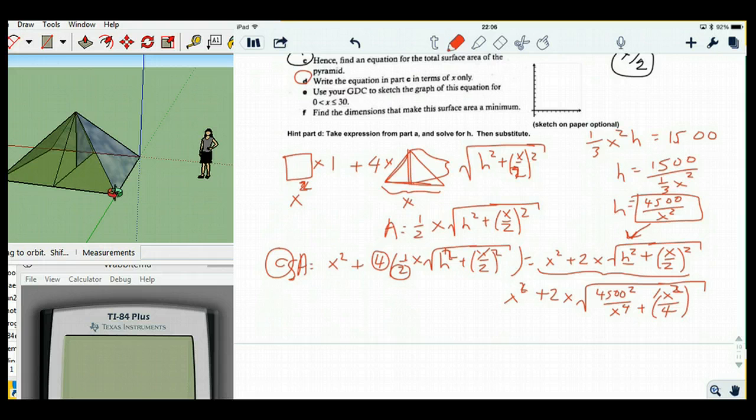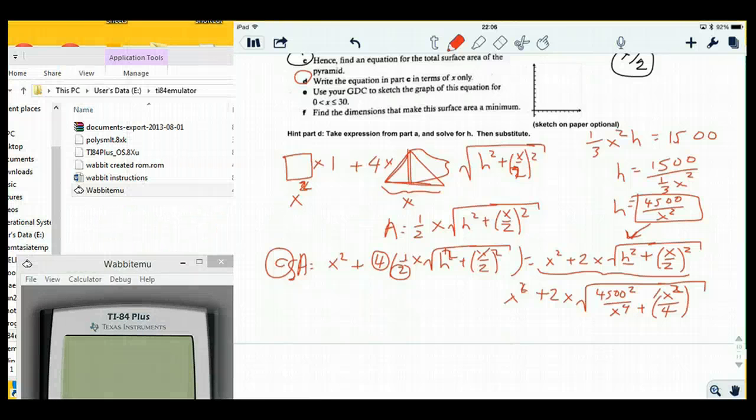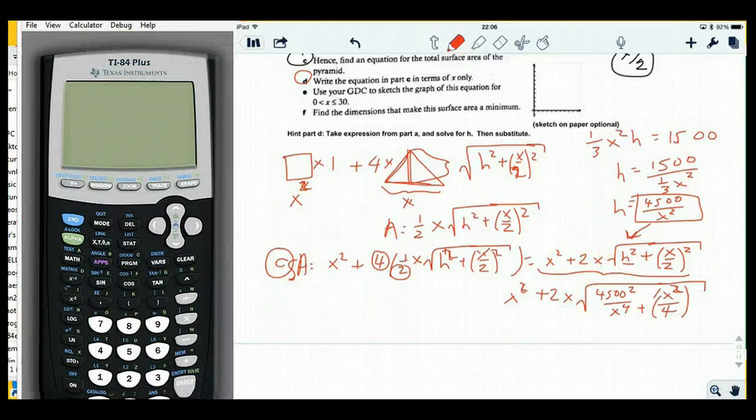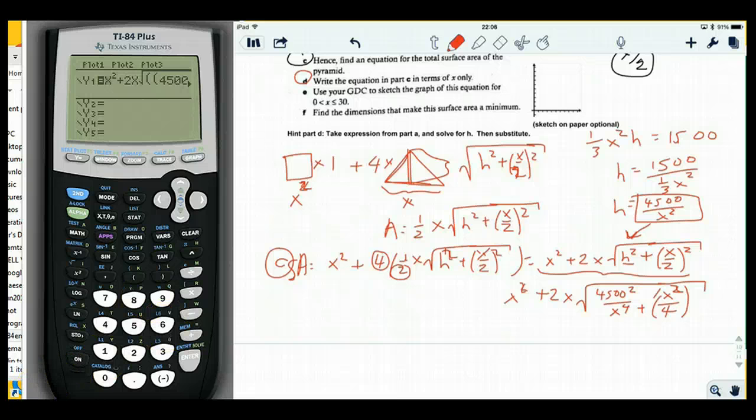Now it says use your GVC to sketch the graph of this equation for x between 0 and 30, and then find the dimensions that make the surface area minimum. So I'm going to put that in the calculator. Okay, so I typed this expression, x squared plus 2x times the square root of 4500 squared divided by x to the 4th plus x squared divided by 4, and I put it into the calculator.